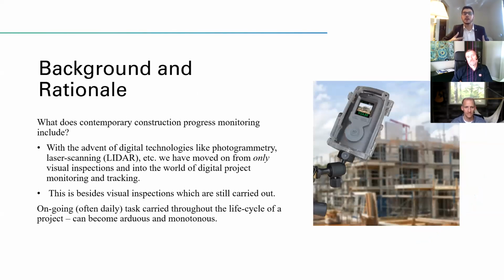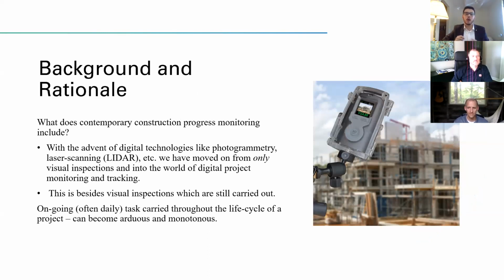Now, how is it done contemporarily? How is it done in the current world? Well, with the advent of digital technologies like photogrammetry and laser scanning, we have moved on from only visual inspections into the world of digital progress monitoring and tracking.